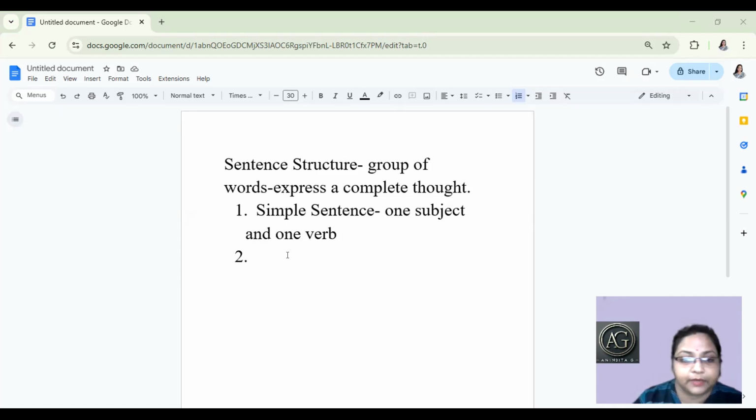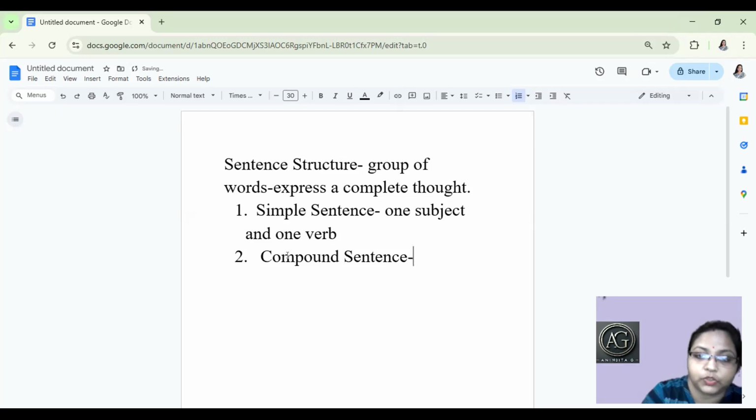Let me first write down the compound sentence. What do we have in this structure? There will be two independent clauses joined by a coordinating conjunction. If we look into the FANBOYS, that's the acronym. The usual conjunctions are for, and, nor, but, or, yet, so.